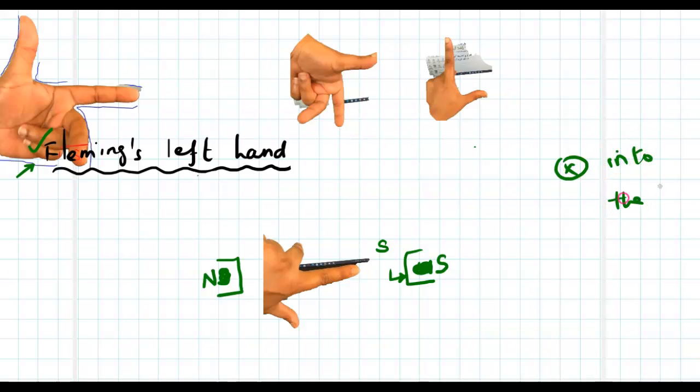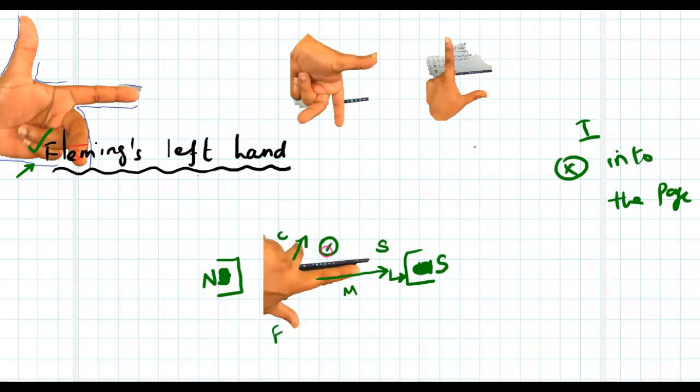So middle finger is current, F M C, direction of current is middle finger and it is going into the page, and I am aligning my index finger to the south automatically.